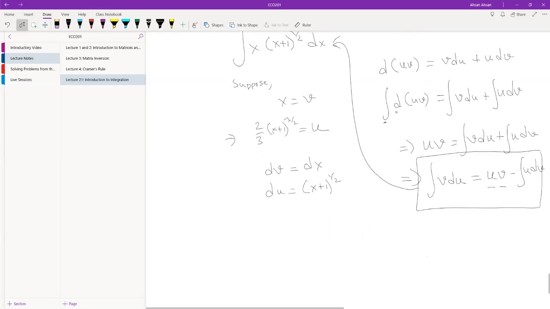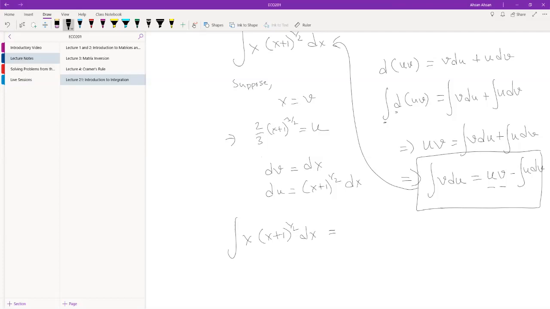So integration of (x plus 1) to the power half dx is equal to how much? Of course, we have a dx right here.